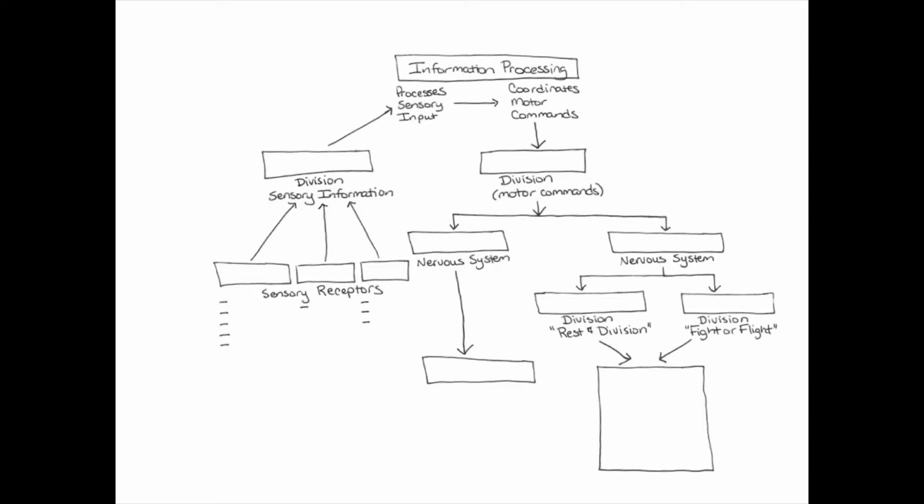So the primary motor cortex is the control center that sends the message to the somatic nervous system. And the hypothalamus is the control center for the autonomic nervous system. Right? So the commands are coming from different areas in the brain.